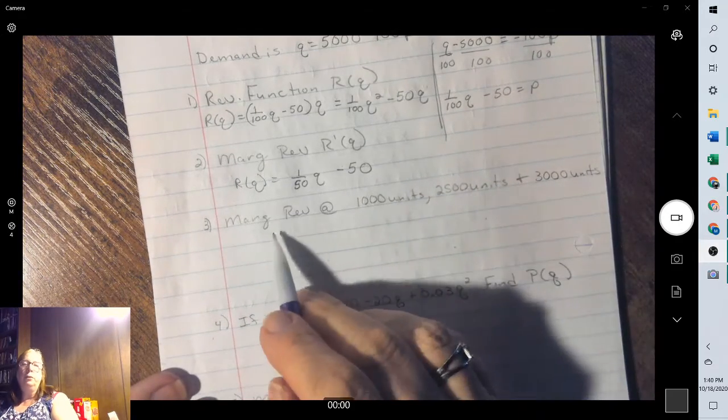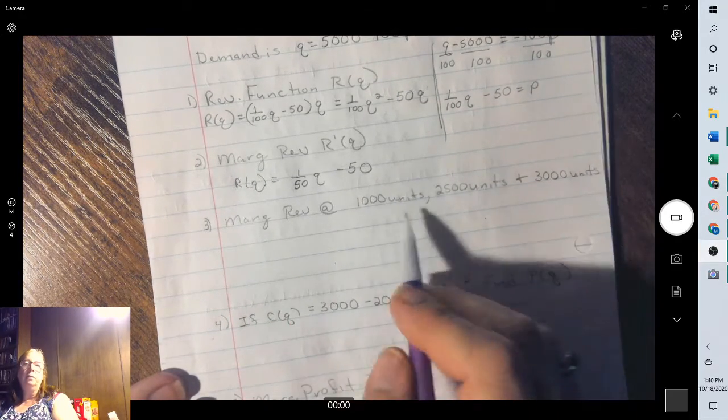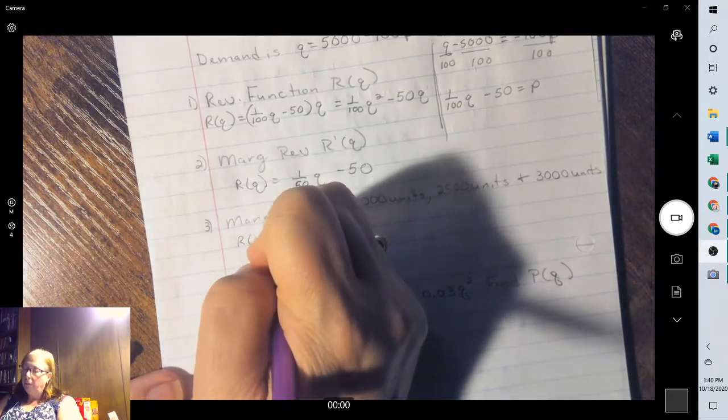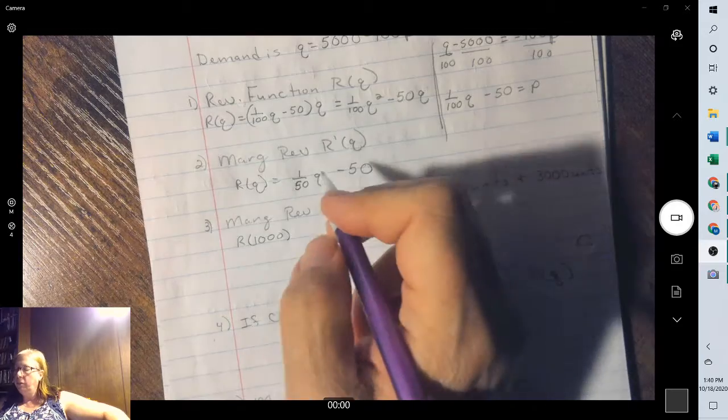Then we want to find the marginal revenue at these values. So we'd plug 1,000 into the equation.